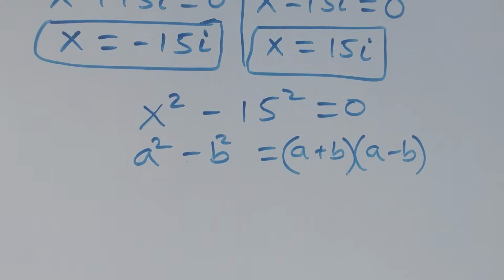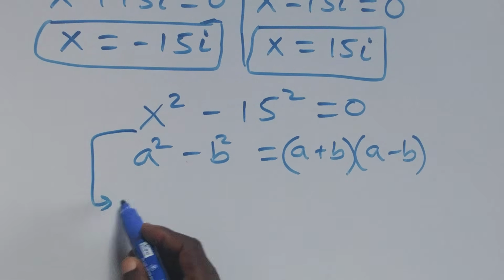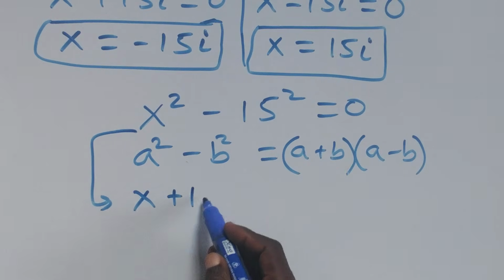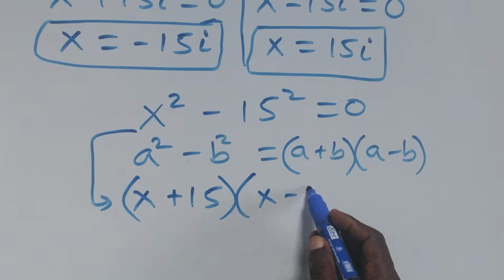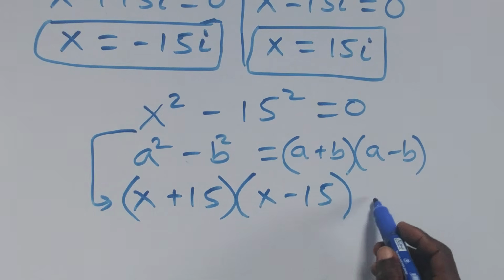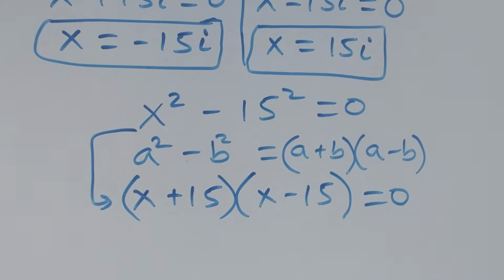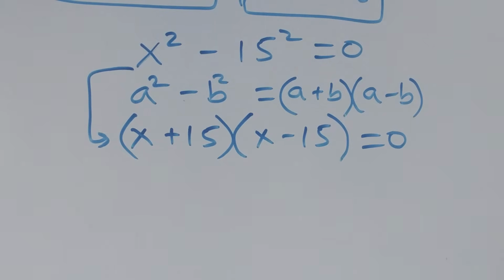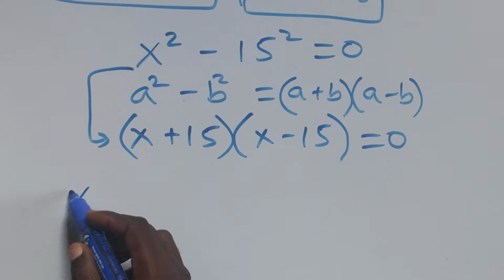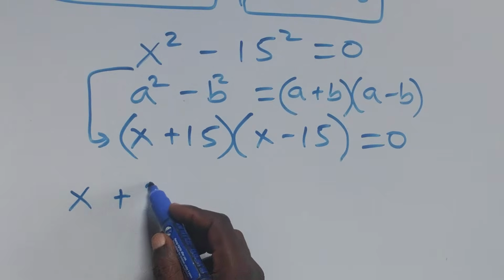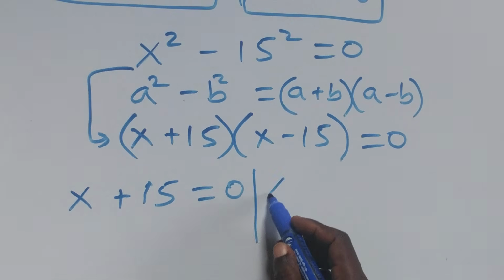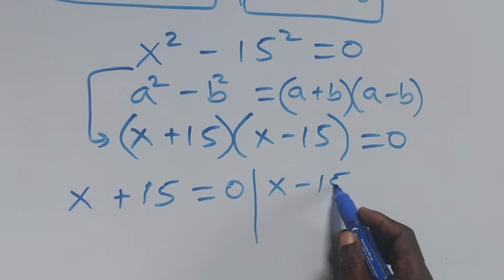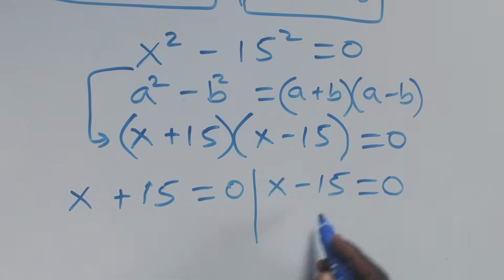So what we have here becomes (x plus 15)(x minus 15) equals 0, which implies we also have two cases: x plus 15 equals 0, or x minus 15 equals 0.